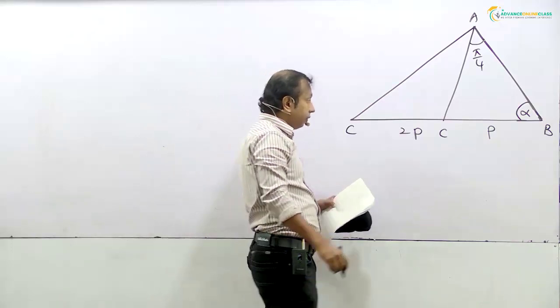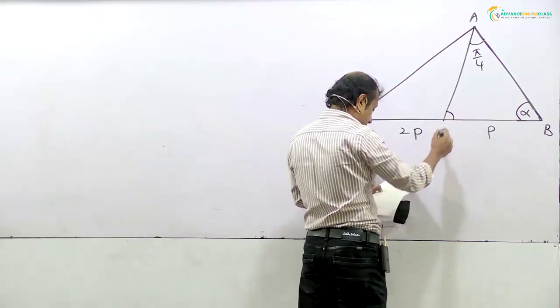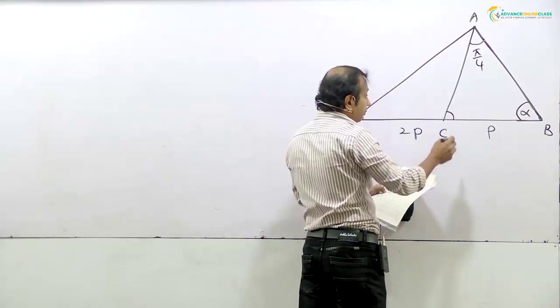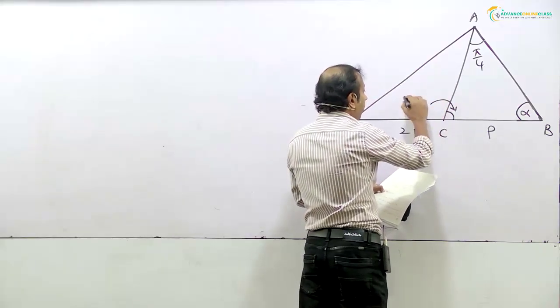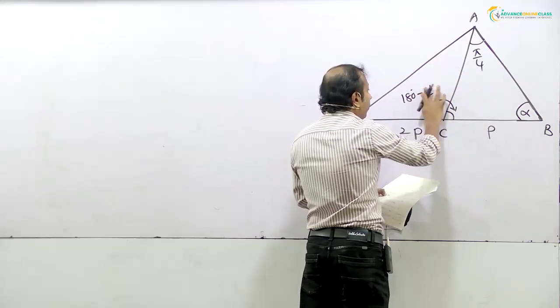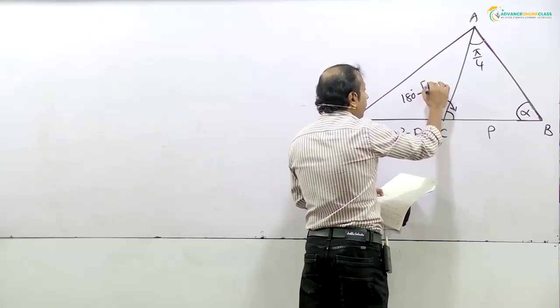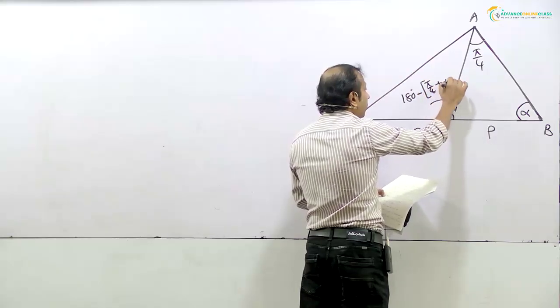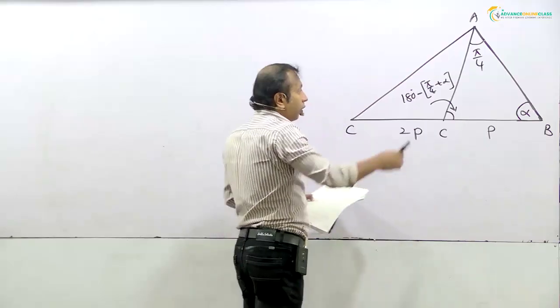Right, no? For this angle, this angle is going to be 180 minus the sum of these two, pi by 4 plus alpha. Right. Now we apply the sine rule.